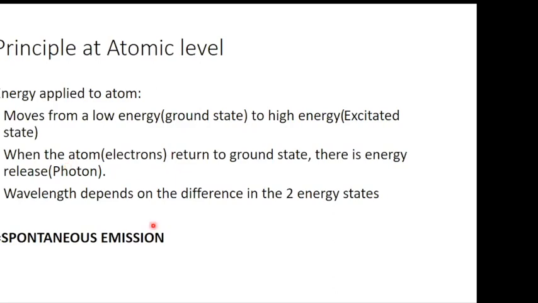And then the wavelength of these photons depends on the difference between the two energy states, the excited state and the ground state. It means that whenever this happens, you won't get a wavelength that is outside these two states. It's a wavelength that corresponds exactly to these two states. And this whole process is called spontaneous emission of energy.